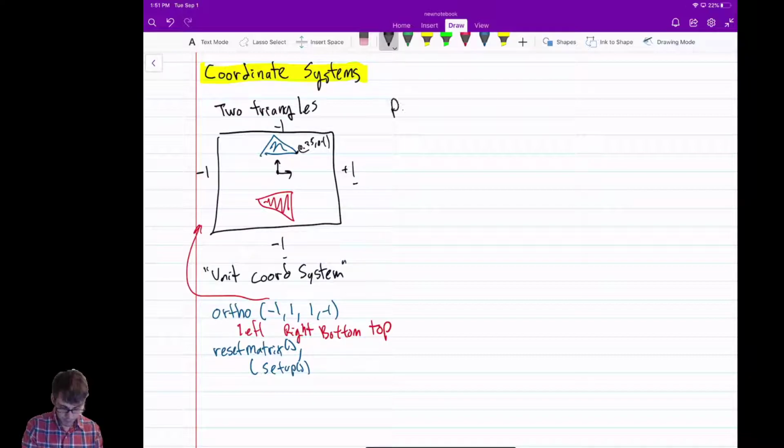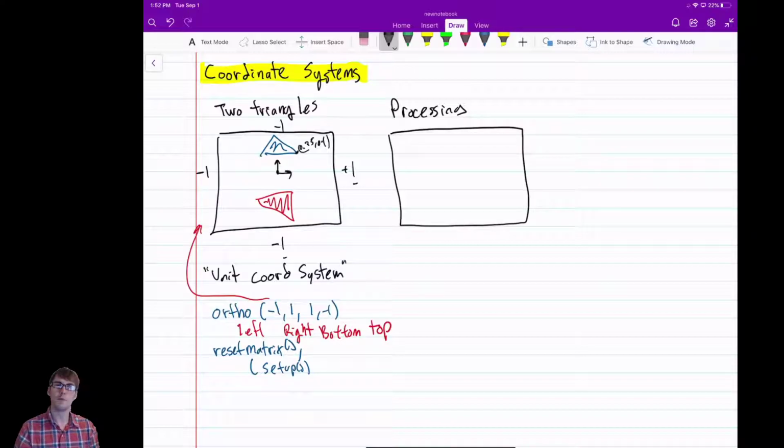And then the Processing coordinate system is different from this. Again, exact same screen, exact same viewport, but you should be more familiar with this from your 1010 days. The origin is up here: 0, 0 is up there. X goes this way and then Y goes down.